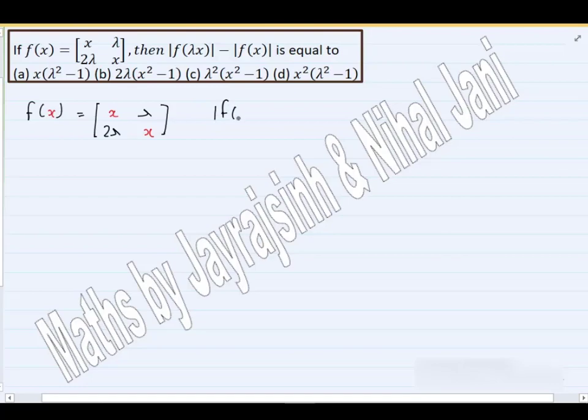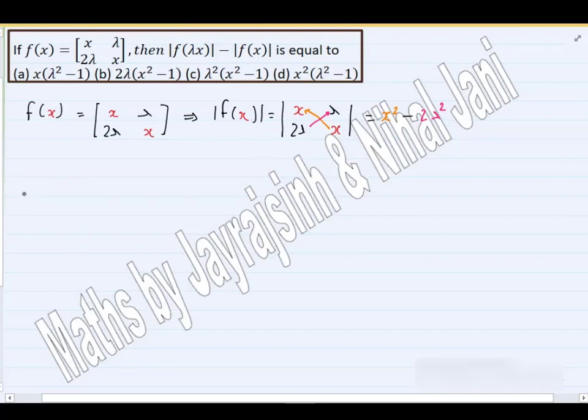So the determinant of f of x will be the determinant of x lambda 2 lambda x, right? Now let's cross multiply. x into x will give us x square minus 2 lambda into lambda will give us 2 lambda square, right?